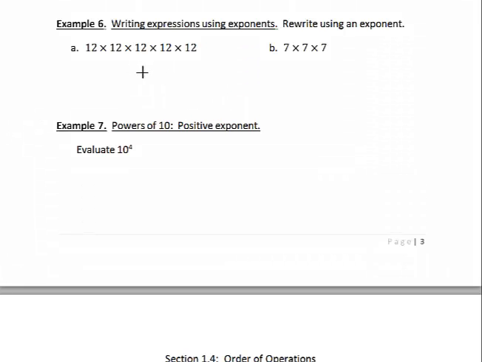Okay, example 6. We see we have a long list of numbers multiplied, and they happen to be the same number in each case. So here is a practical use for exponents. Okay, we have 1, 2, 3, 4, 5 12s. And they're all multiplied.